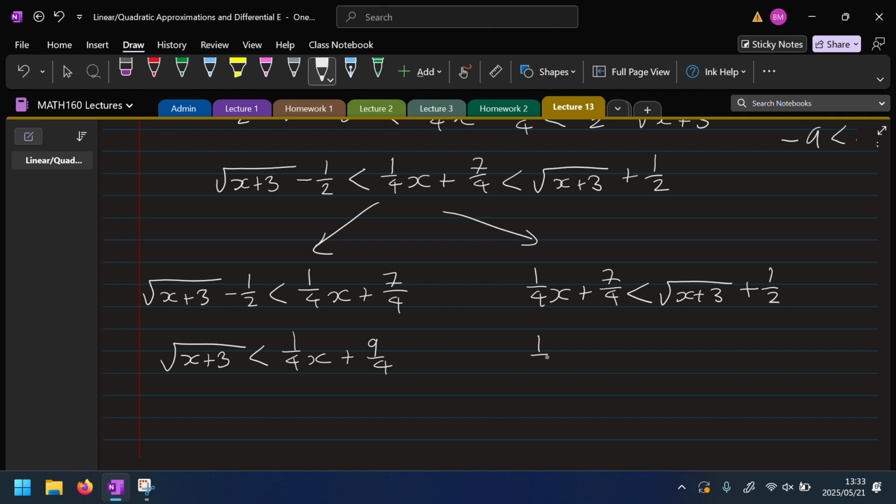So that's going to be 1 quarter x plus 7 over 4 minus the half, so plus 5 over 4. And that's less than root x plus 3. Okay, so one problem, I made two smaller problems, and then the root put by itself. So there's the root by itself here, and the root by itself there.